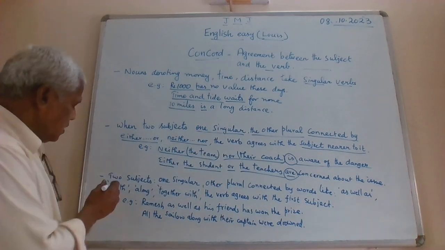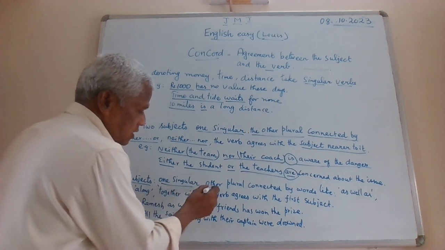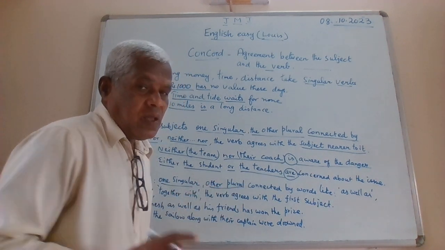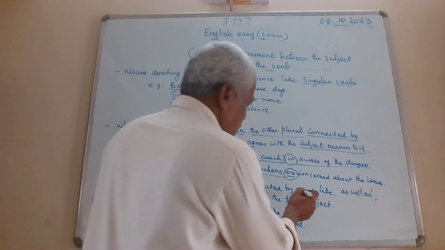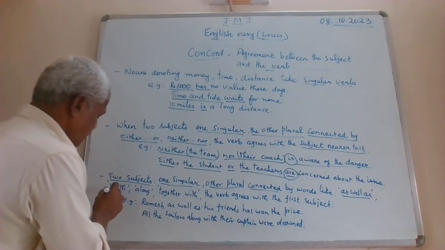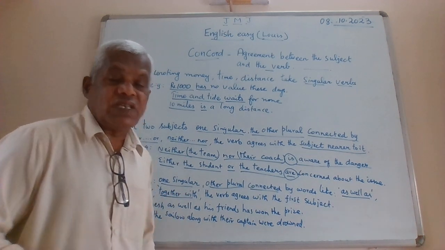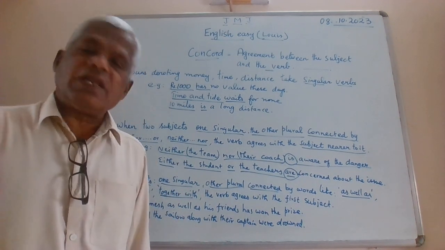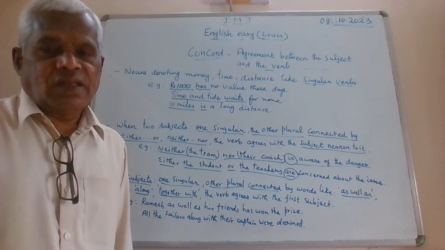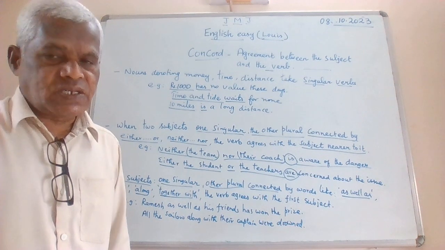Now you have two subjects in the sentence, one singular, another could be plural, but if they are connected by words like as well as, with, along with, together with. These are a few exceptional words that we come across in writing meaningful sentences.